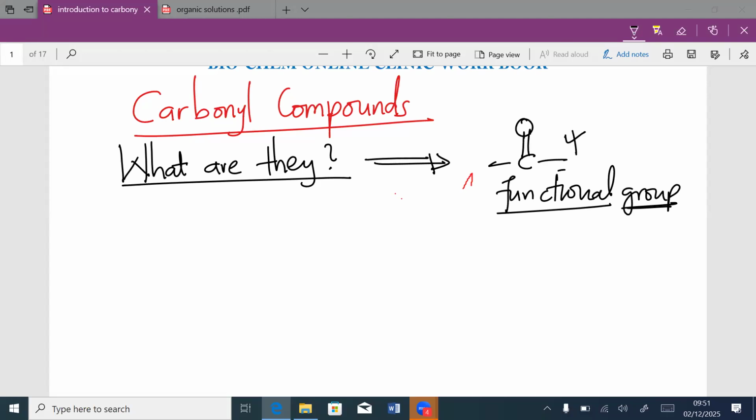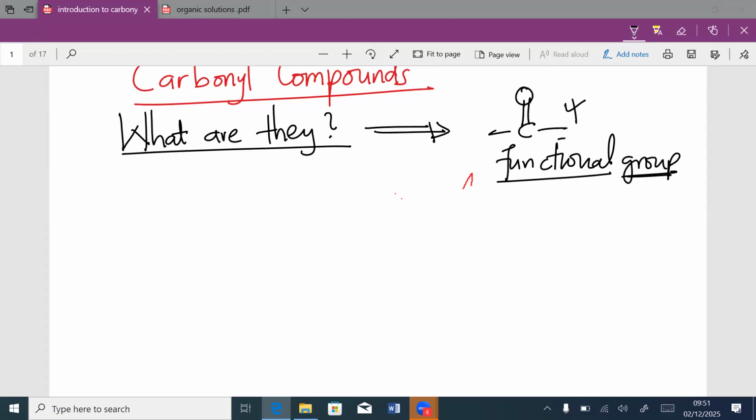Then we also have two classes of carbonyl compounds. The first class are called ketones.